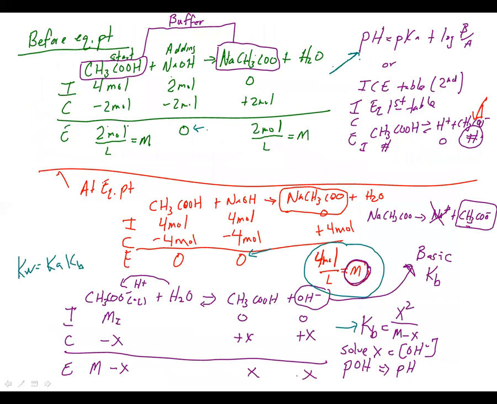You could go into the Henderson-Hasselbalch equation directly, or you could do an ice table. And if you did the ice table, it would look like over here, basically just the acetic acid breaking apart into acetate plus H plus.